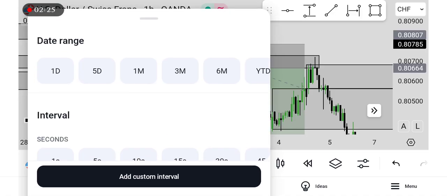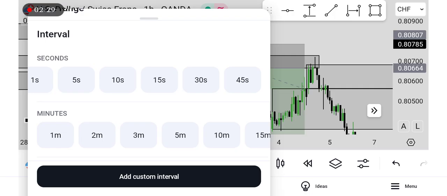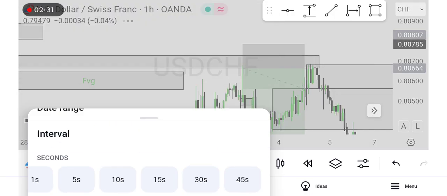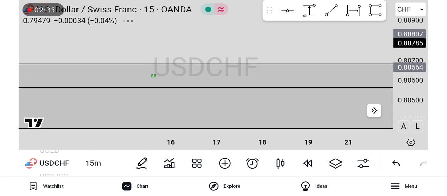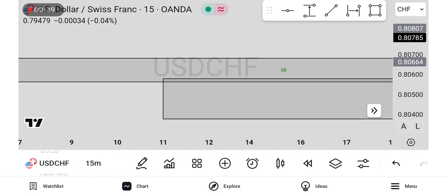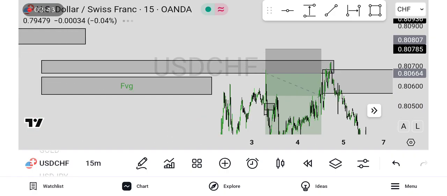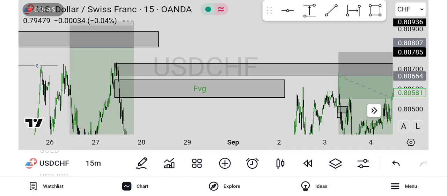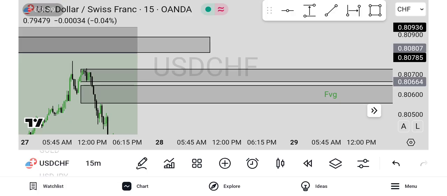But if I were to use a smaller time frame, maybe 15 minutes, you see on the 15 minutes it's not that clear.